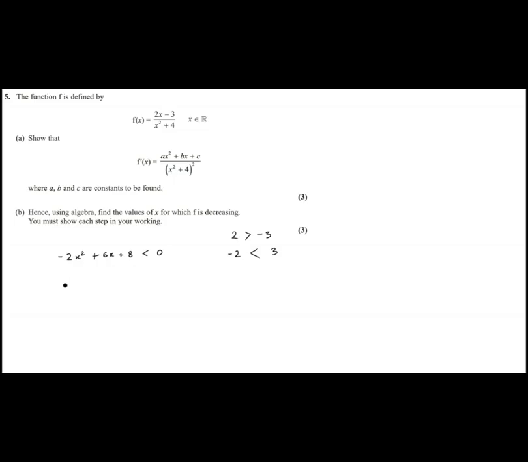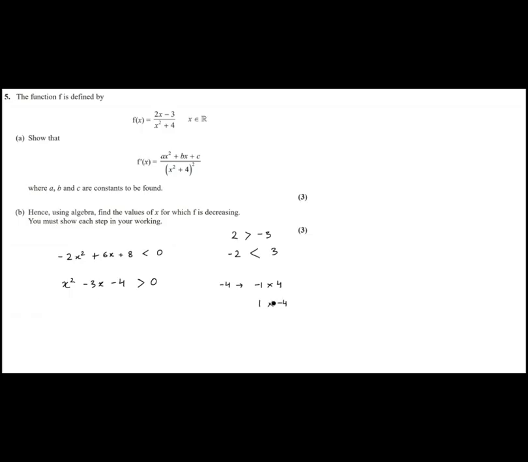If we divide by minus 2, this becomes x squared, 6x divided by minus 2 will be minus 3x, 8 divided by minus 2 will be minus 4, greater than 0. Now you have to change the inequality sign. Now we have to solve this inequality. The factors of minus 4 are minus 1 times plus 4, or 1 times minus 4.